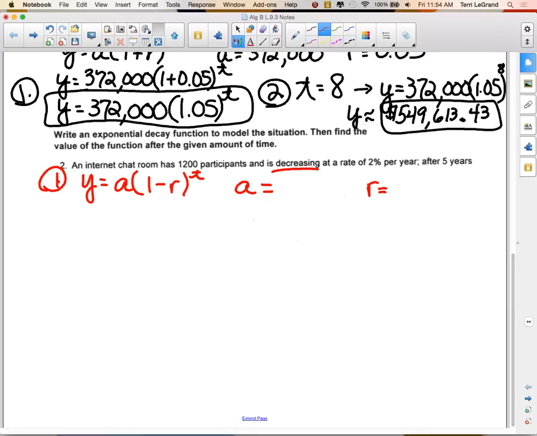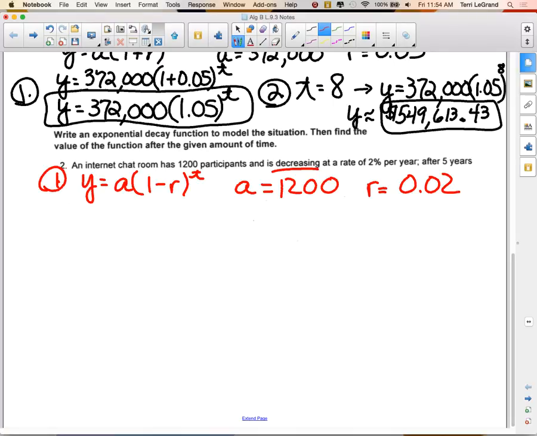Okay, you should be done with step one for me by now, right? Okay, which model should we use? 1 minus R or 1 plus R? 1 minus, because it's decreasing. What's our A value? 1200. What's our R value? 0.02.